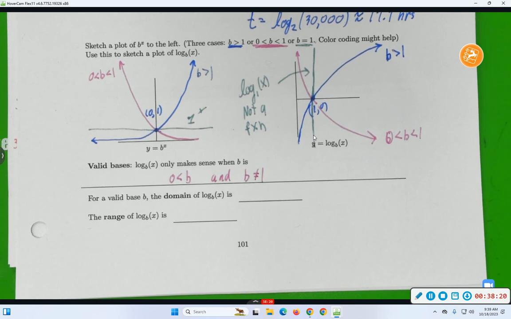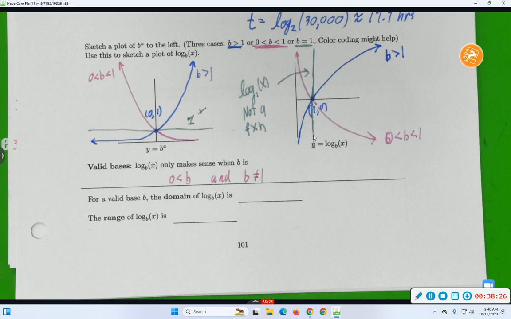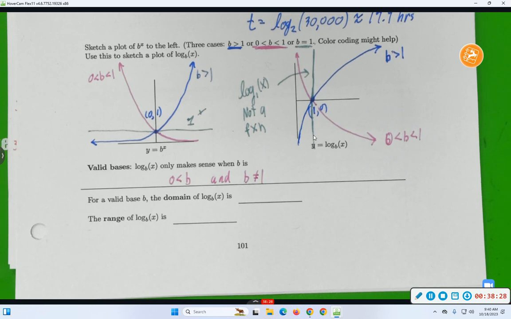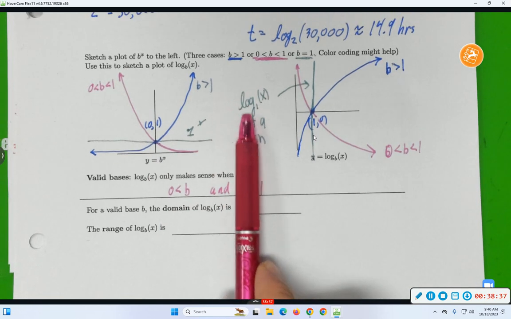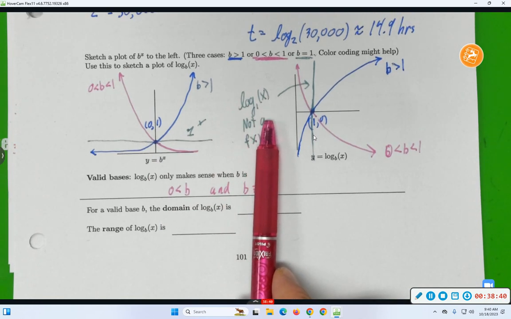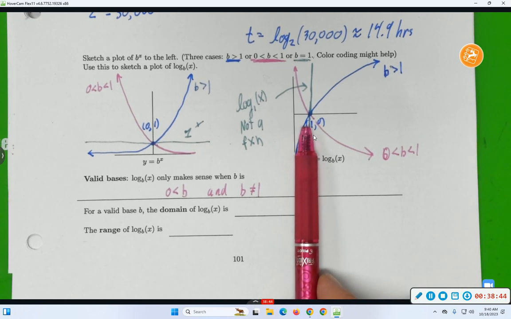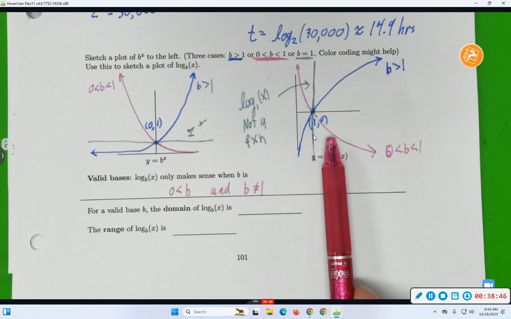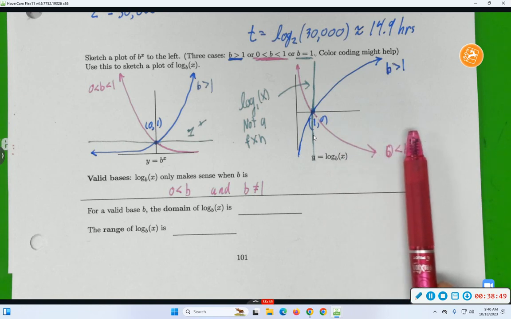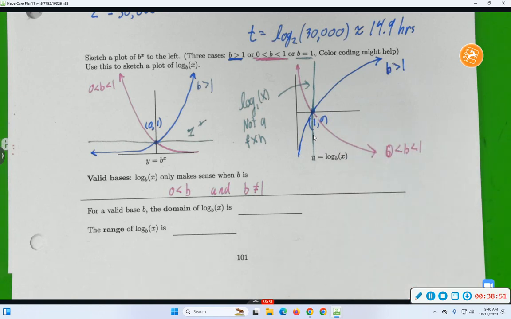Let's read off some domains and ranges. So check out either the pink graph or the blue graph. What are the domains of those functions? Let's read them off. Are negative numbers in the domain? Nope. Is 0 in the domain? Are positive numbers in the domain? Are any positive numbers not in the domain? Cool. So I think it's just 0 to infinity.